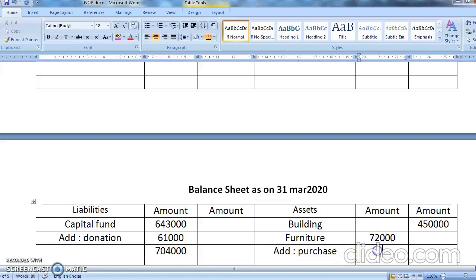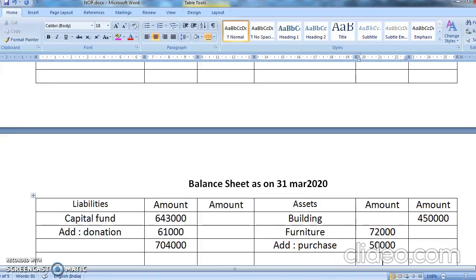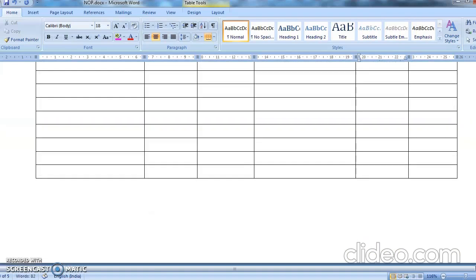How much furniture have you purchased? 50,000. So the total of these two is 1,22,000.